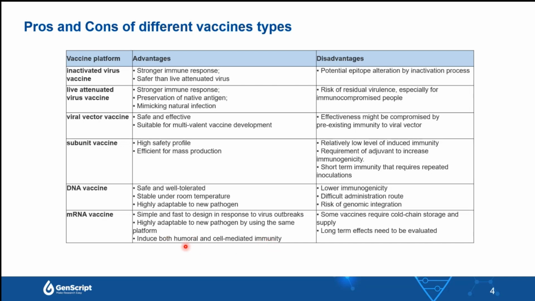It can induce both humoral and cell-mediated immunity and is highly adaptable to new pathogens because it's a platform-based vaccine. But the disadvantage is some vaccines require cold chain storage and supply, and the long-term effects need to be evaluated because it's the third generation. We still need to see the long-term effects.